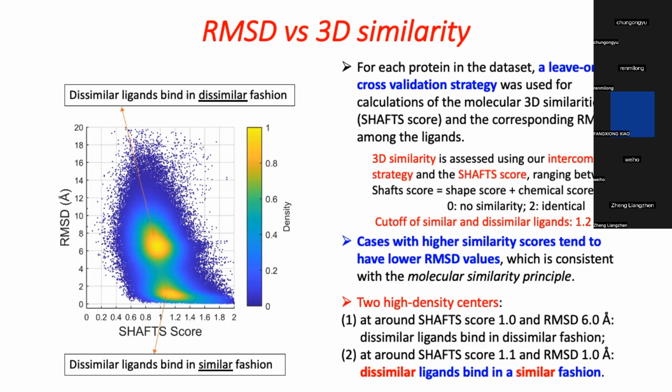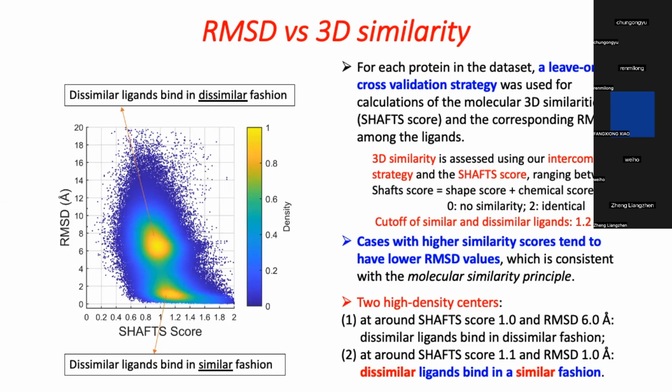Then, this is the correlation. Not unsurprisingly, when the SHAFTS score is high, that means the two molecules are very similar, so the query ligand is very similar to the template. Then the RMSD can be very low, and the lower the RMSD, the better the prediction. But that's not the interesting part.